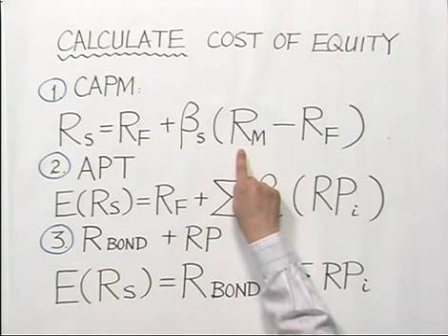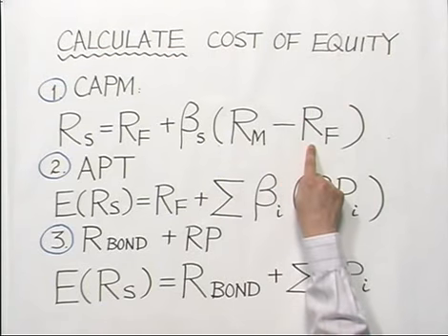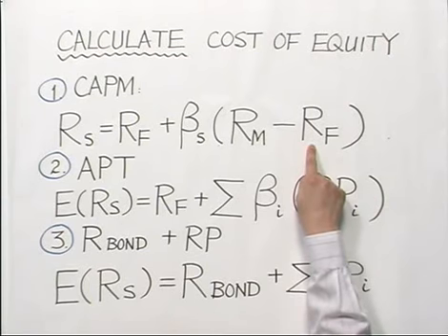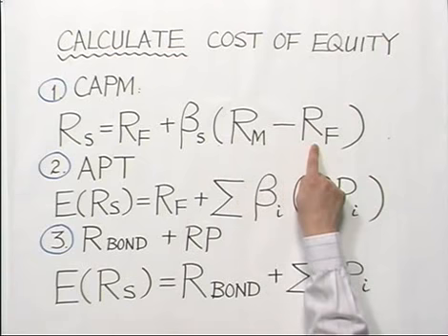Let's say the market has an expected return of 15%. Then you look at the risk-free bond return, those treasury bonds, and usually people look at the 10-year treasury bond return, and let's say that is 10%. So you use the 15% market return minus the 10% risk-free rate, and you get 5%.